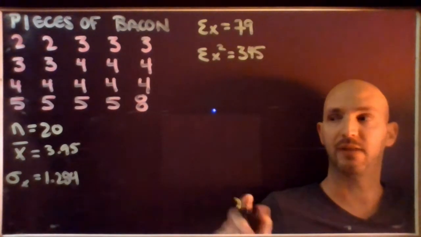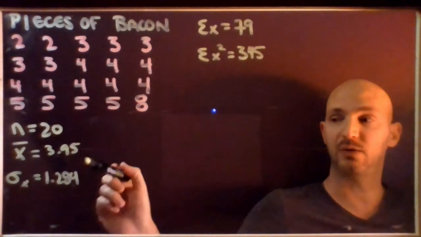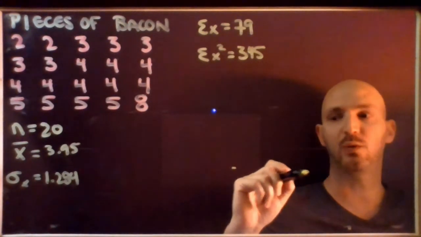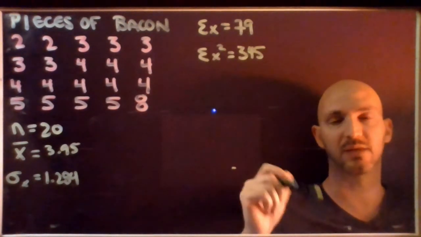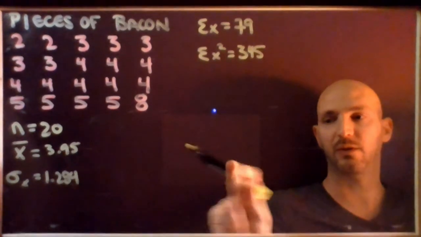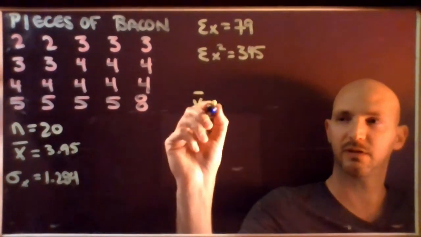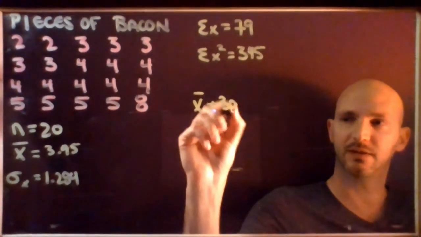The point is, if you go from this mean value and you take this step 3 times up, then you will have found the place where your outliers start. So I'm going to do that. I'm going to take my x average and I'm going to add 3 standard deviations.